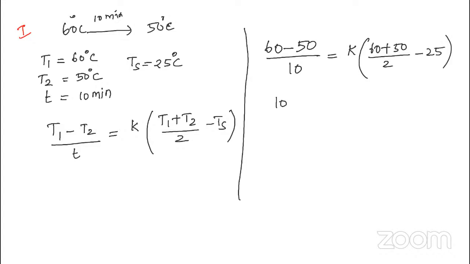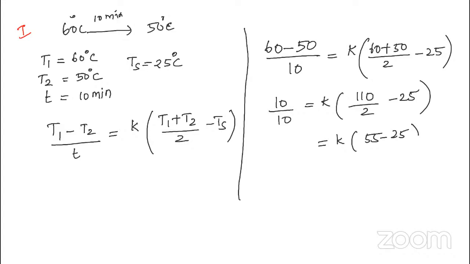So here it is 10 by 10 is equal to K into 110 by 2 minus 25, that is K into 55 minus 25. So here it is cancelled, it becomes 1. So 1 is equal to K into 30. Okay, this is our first equation. Right? Next we can go for the second one.